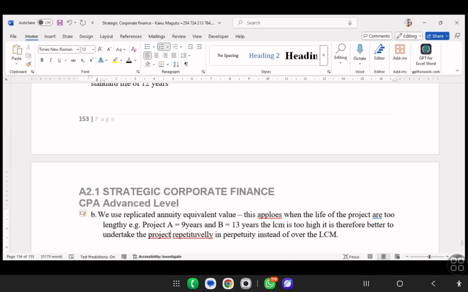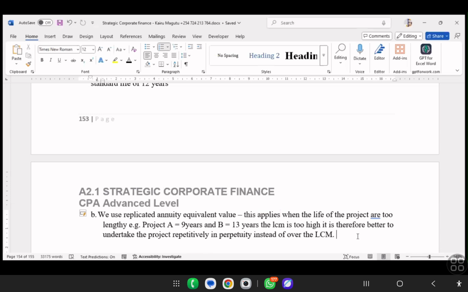You assume that now you have the project, it will be there forever. That is the annuity equivalent value.